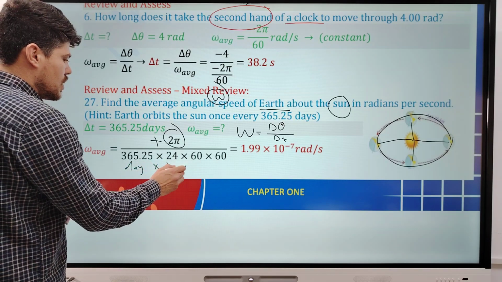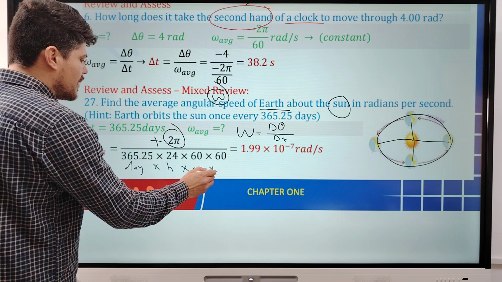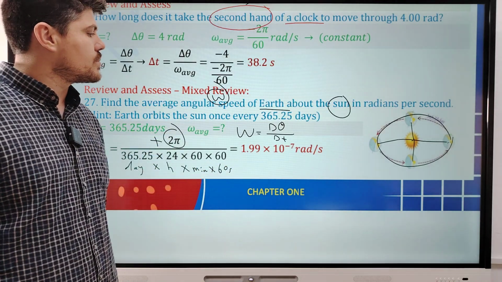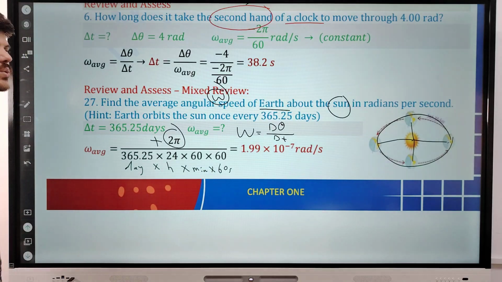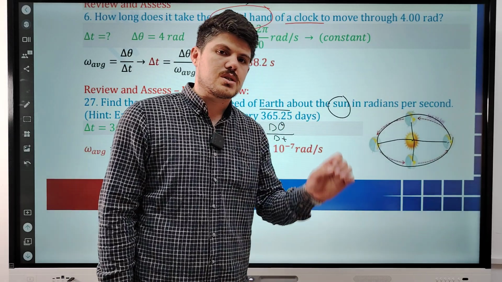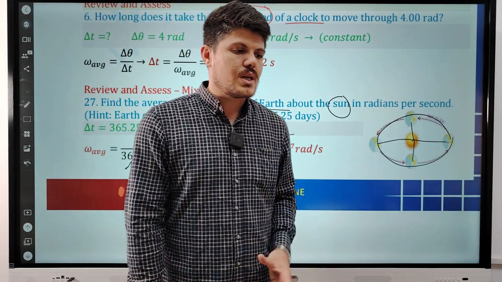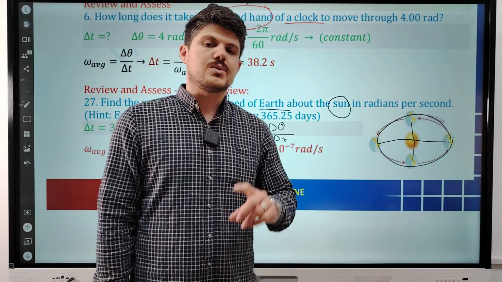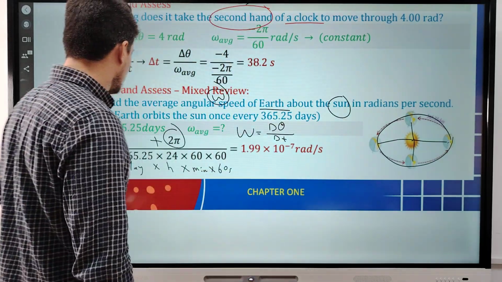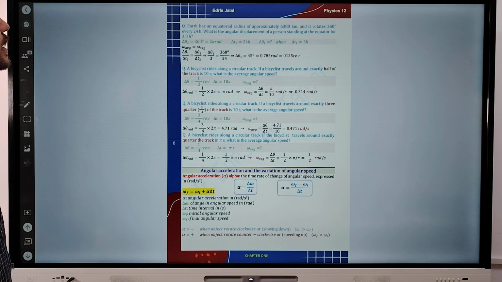Convert to hours, to minutes, finally to seconds. Its value is 1.99 times 10 to the power negative 7 rad per second. So you can find the angular speed of the Earth orbiting around the sun without being given any value.